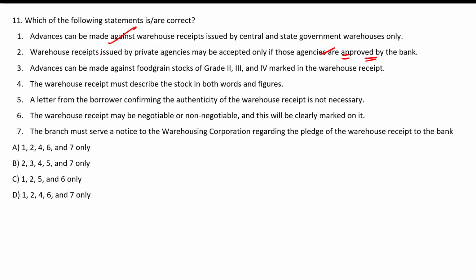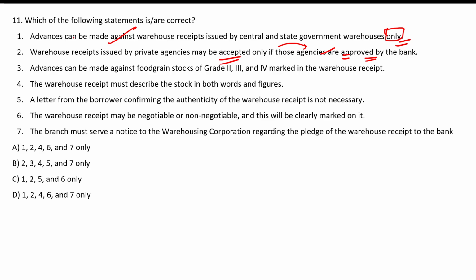Warehouse receipt issued by private agencies may be accepted if approved. So this 'only' word is the catch here, making this statement not correct. So statement one is not correct.